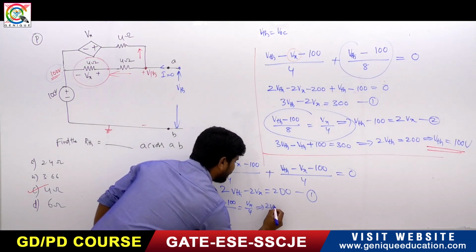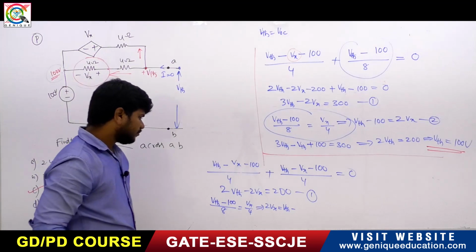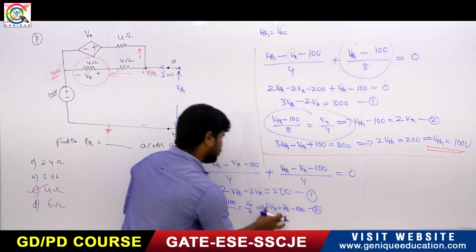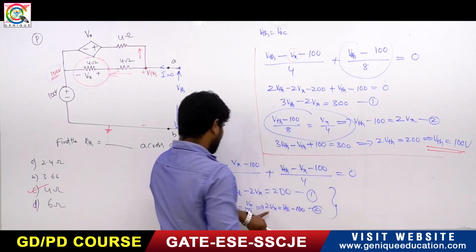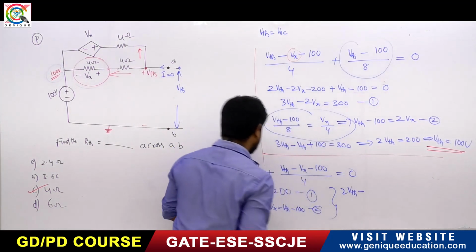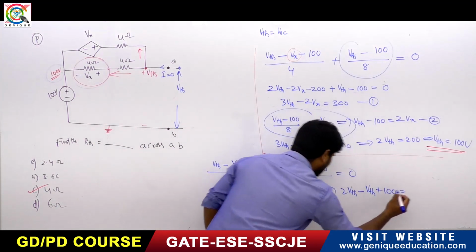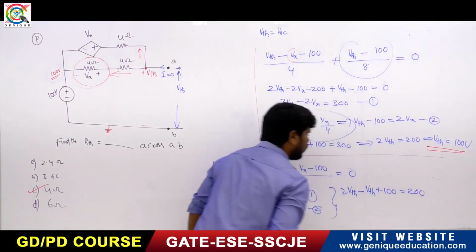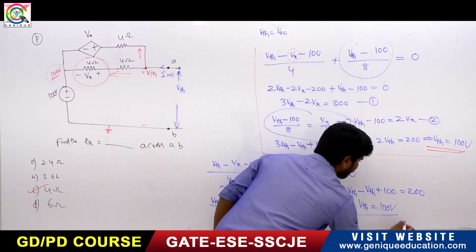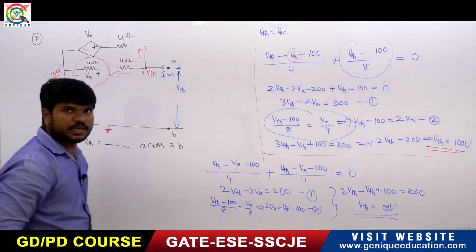So this implies 2Vx is equal to VTH minus 100. Okay, so this is equation 2. So 2VTH minus 2Vx is nothing but VTH minus 100, means plus 100, it is equal to 200. Okay, so from this VTH is equal to 100 only, right? So you can also use this one. Okay, I hope you got it.